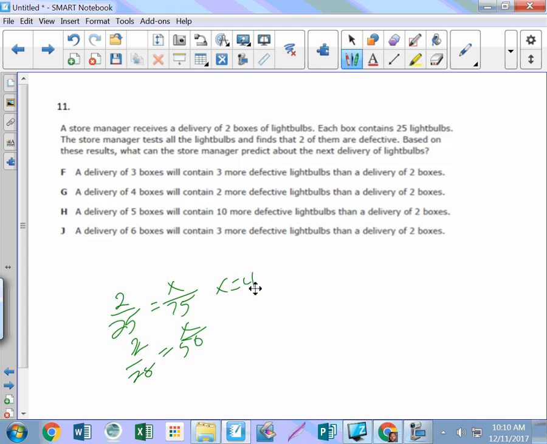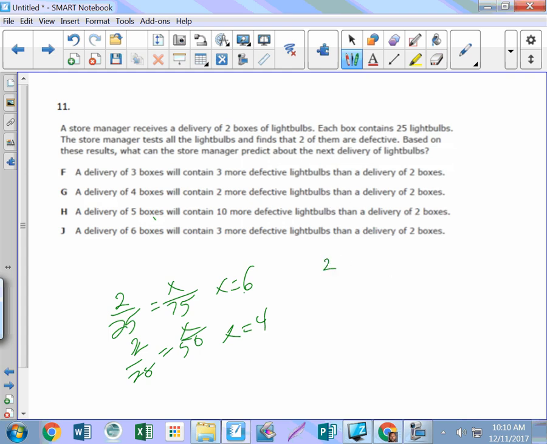This is 6. I'm not good at math today. This is 6, and this would be x equals 4. So, 3 more. That's only 2 more. The delivery of 4 boxes will contain 2 more defective than the 2 boxes.